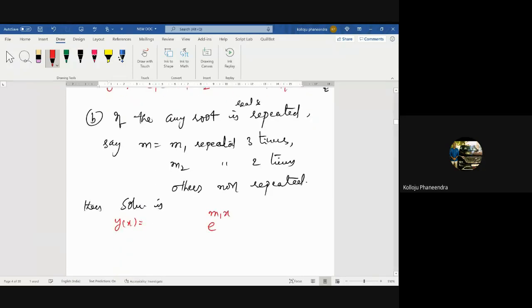So write e power m1x and its quotient as a quadratic expression, c1 plus c2x plus c3x square, plus m2 repeated 2 times. Already c3 is over, so c4, c5x, linear polynomial, first degree polynomial, e power m2x, and others are non-repeated. Therefore, c6 e power m3x and so on, lastly some c star e power mnx. This is the case: first one, real and distinct roots, then real and repeated roots.